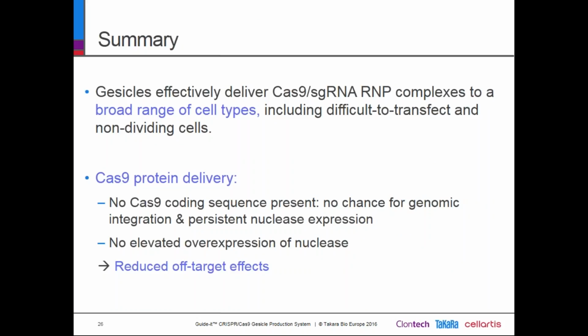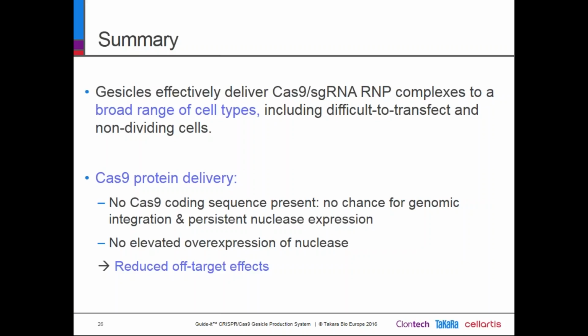So to summarize this first part, I hope that I could show you that Gesicles effectively deliver Cas9 guide RNA RNP complexes to a broad range of cell types, including difficult to transfect and non-dividing cells, and also iPS cells, for example, as I showed.